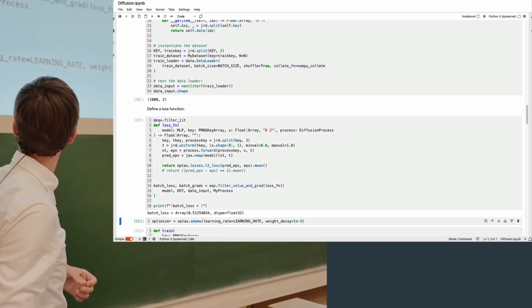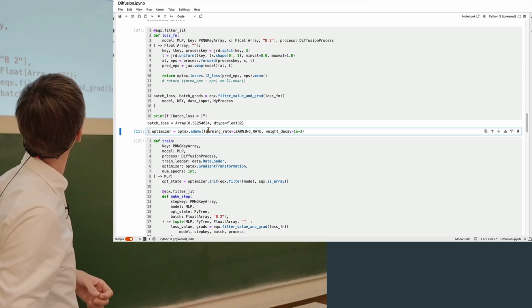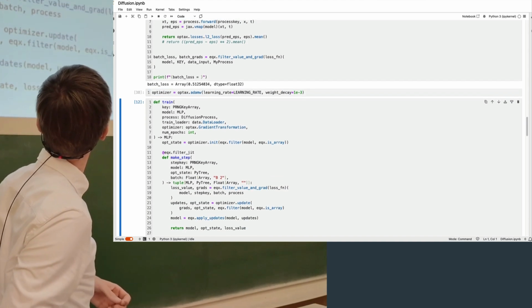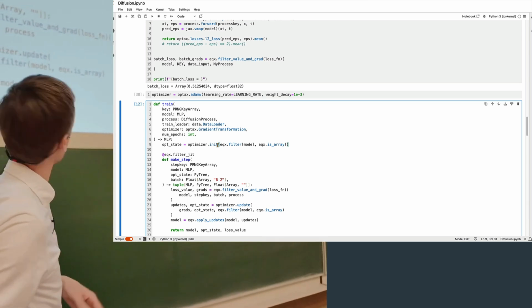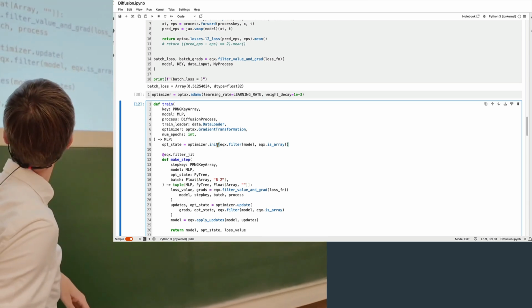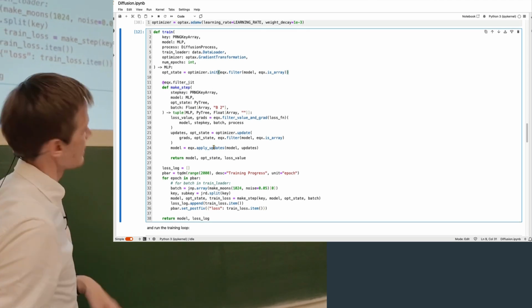Then I just define the loss function, define an optimizer. Apparently, Adam is not cool enough anymore for these kind of models. You need to use AdamW, which is a tiny variant of Adam with just one line changed in the update. And now we can write down a training function, which does the obvious thing.